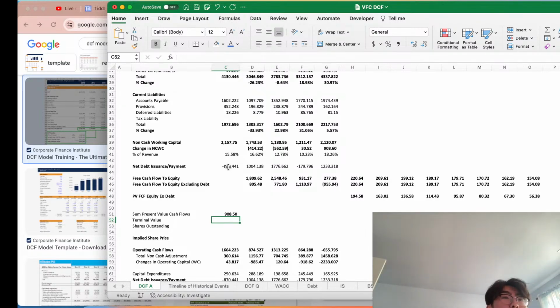Computing terminal value: one applies a multiple to earnings, revenues, or book value to estimate the value in the terminal year. The other assumes that the cash flows of the firm will grow at a constant rate forever, the stable growth, perpetual growth model. Perpetuity.